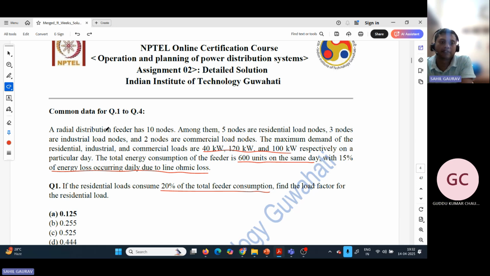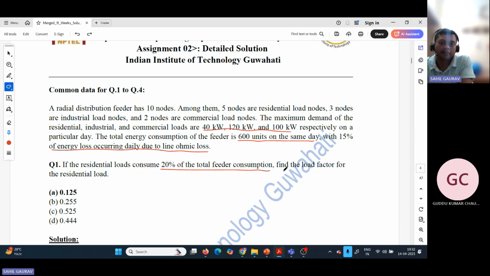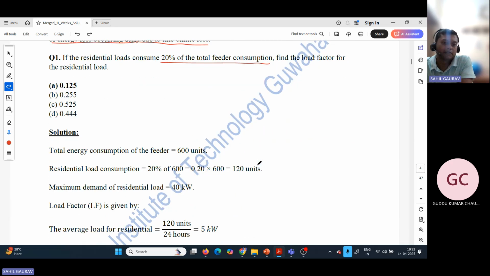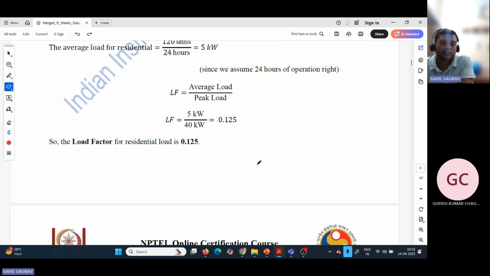A distribution feeder is providing power to all these types of loads, but we cannot say that the group peak demand is any one of them. It is not like 120 kilowatt is higher, so it will be the group peak demand. The group peak demand is either given in the problem, or you need to find it from the table if the table is provided.